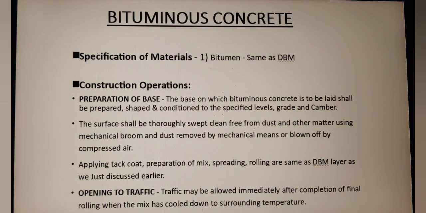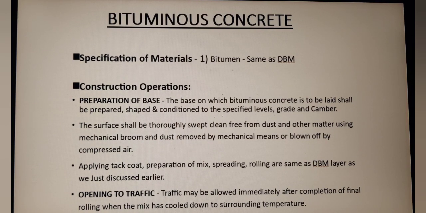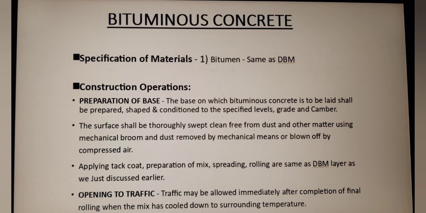Next is the bituminous concrete, which is used as the base course. Here the steps are almost the same as that of the dense bituminous macadam. The surface is swept clean, free from dust and other materials. Then we have to apply the tack coat.